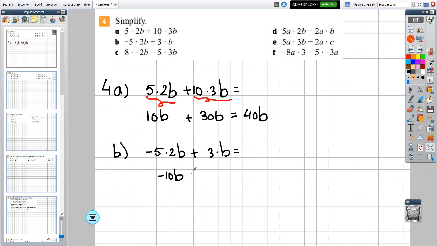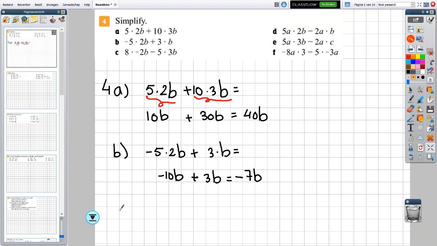I immediately already did it. Minus 10b. Plus 3 times b, yeah, that's just 3b. Are those like terms? Yes, because they have the same letter, right? Minus 10b plus 3b gives me minus 7b. Remember, minus 10 plus 3 is minus 7.